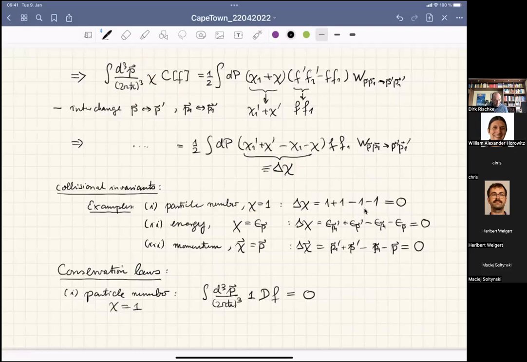Okay, let me be a bit brief on this. Maybe this is also something if you have questions, or maybe you want to do a little homework exercise. So here you basically insert the definition. And then you move derivatives out of the momentum integral. You can easily move the time derivative out of the momentum integral, and you can easily move the spatial derivatives out of the momentum integral.